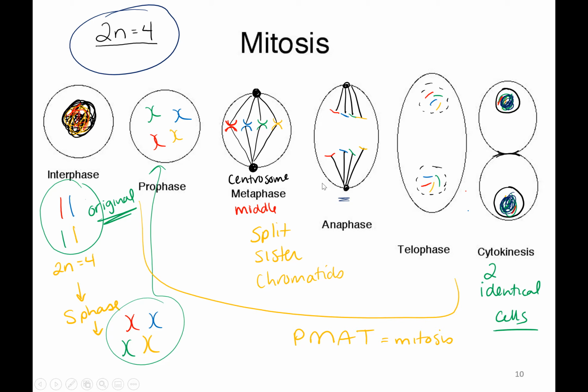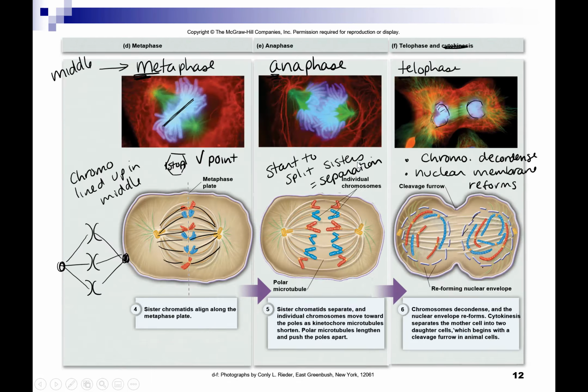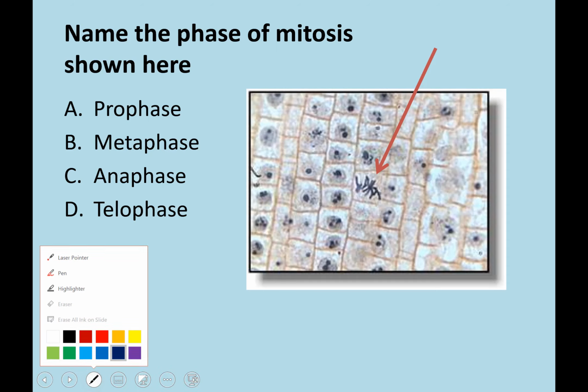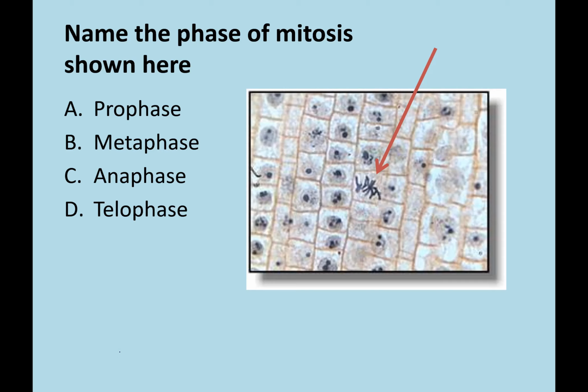The other thing you'll have to do is be able to recognize images of mitosis. So let's try that. Again, you can pause this. I want you to name the phase of mitosis shown here. And hopefully you can convince yourself this is metaphase. In fact, those chromosomes are lined up in the middle of the cell.